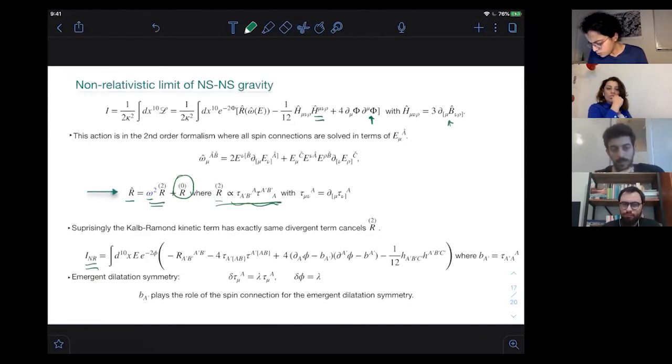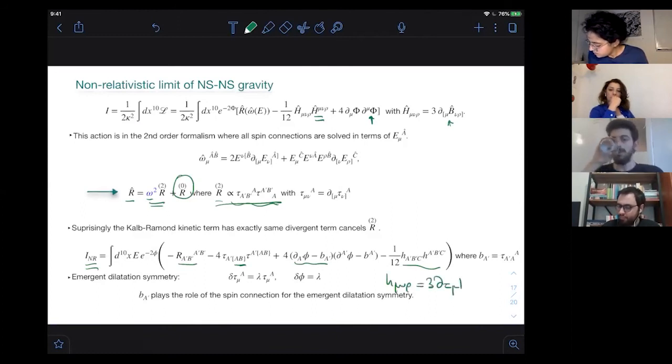Let me introduce. So R is just the curvature of the special spin connection. Taus are just there for some covariantization. So this is the modified dilaton kinetic term, and I have some H, where H mu nu rho is defined with the non-relativistic Kalb-Ramond field.